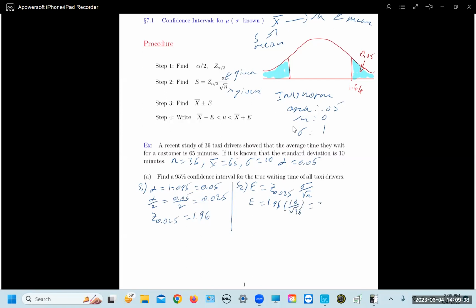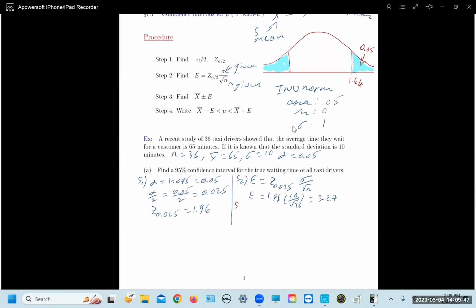So this one is 3.27. So we have step 3. X bar plus and minus E equals 65 plus and minus 3.27.